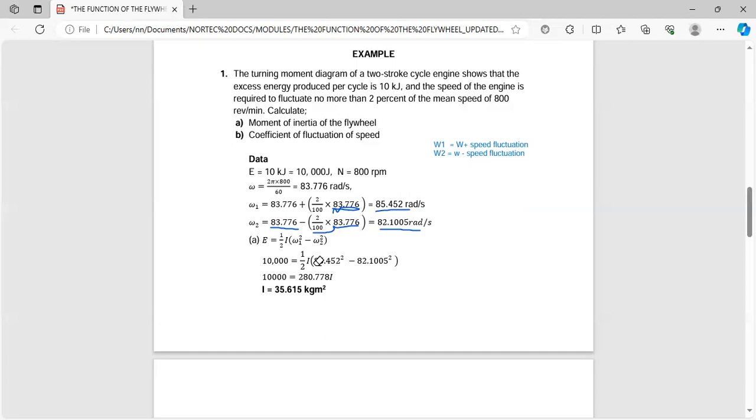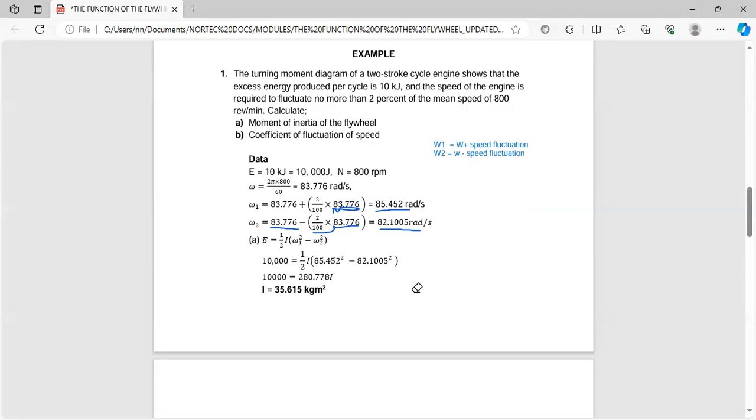Of course, they're supposed to be squared. So substituting, where there's E, I'll put 10,000 equals half I, we don't know it, then the big one we found to be 85.452. The other small speed is 82.105. Of course, if you decide to use 82.1, it's all fine.